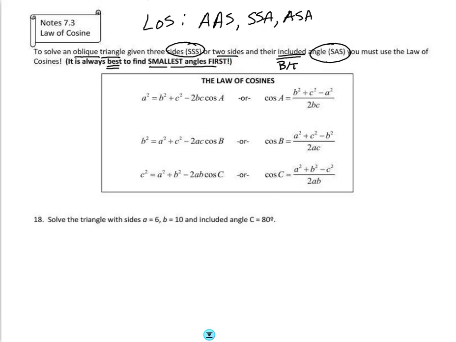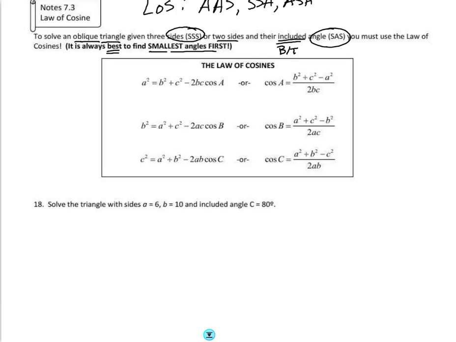So here we have our three laws. It's pretty easy to go from one to the other. This right now is solved for a squared. How would I get from here to there, or there to here? It takes a little bit of arithmetic and algebra. I either subtract the a squared over and add the 2bc times the cosine of A on the other side, and then divide by 2bc, and that gets it back over here.